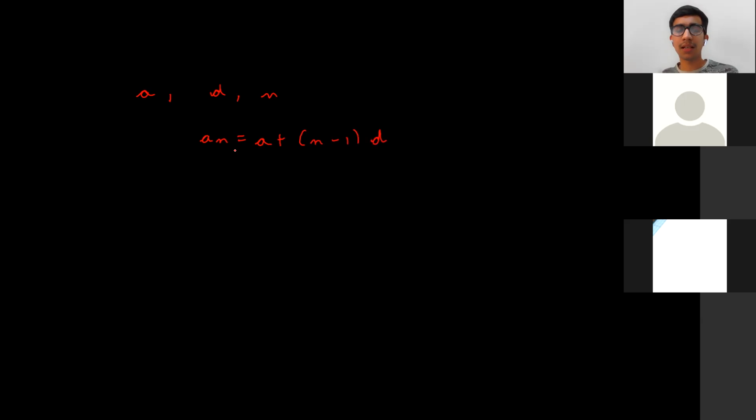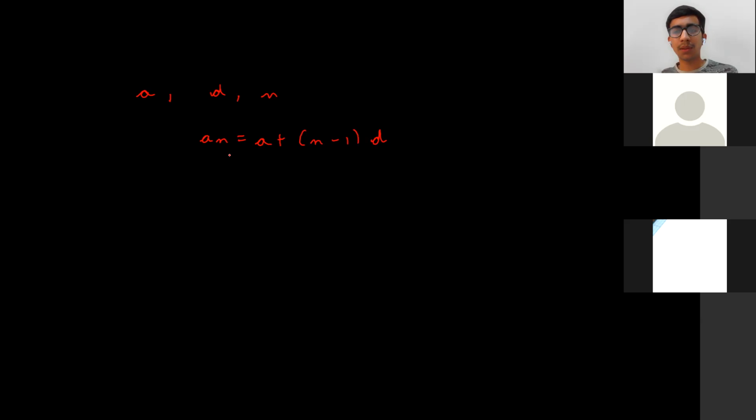If you could unmute your mic and say it to me, it would be better. Okay, so a_n is equal to a plus (n minus 1)d. This is how you calculate the nth term of an AP.